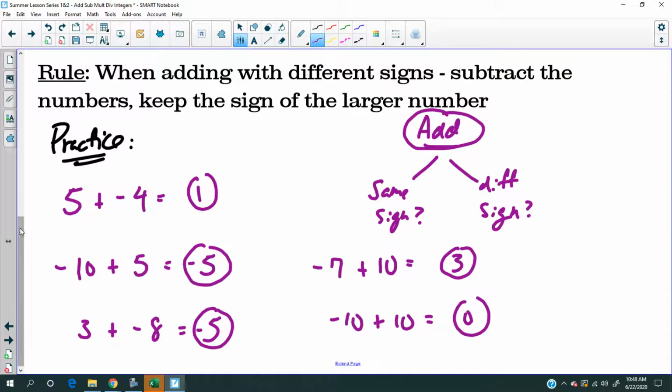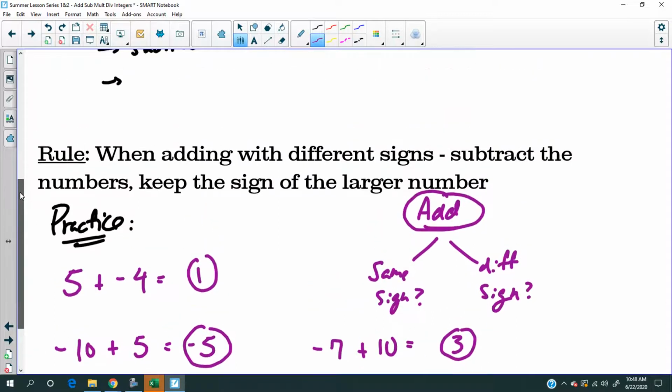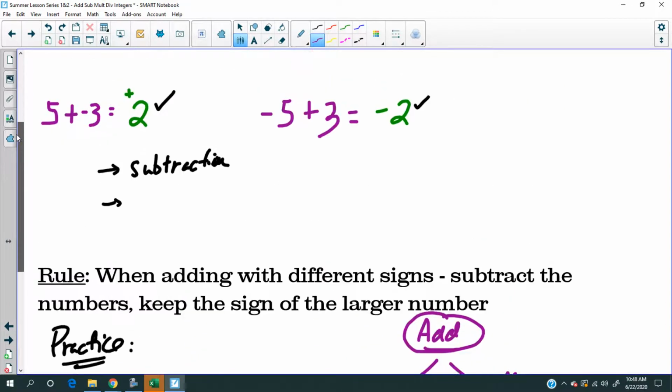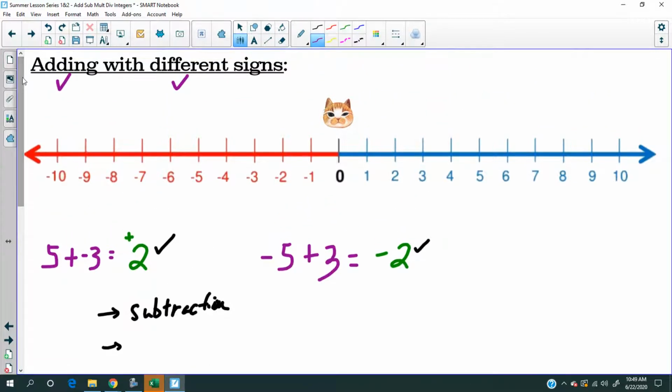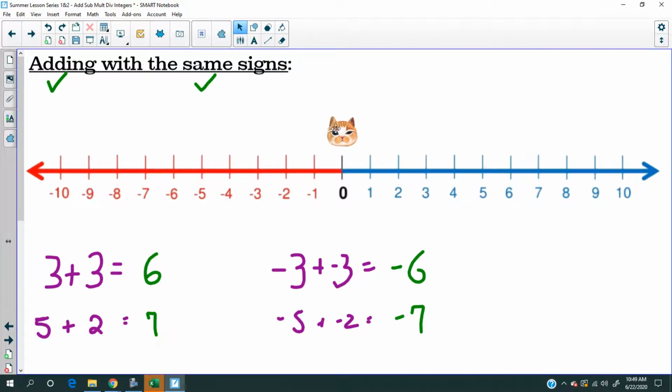Now, this will also help you intuitively understand where these rules are coming from. Especially with, let me see if I can use this. Okay, now I'm going to use arrows. So let's go back to the first example, 3 plus 3.